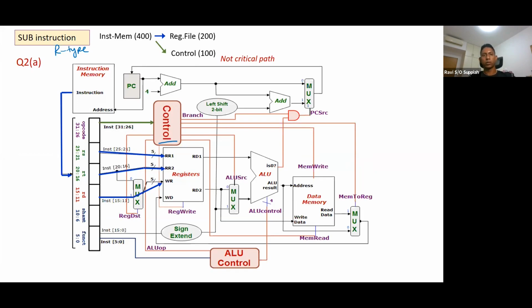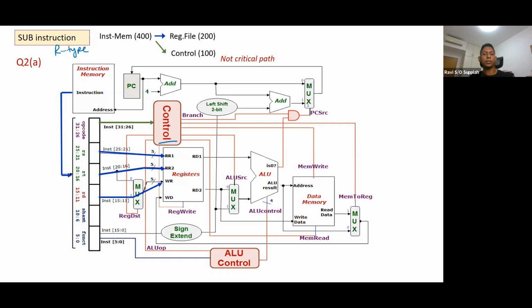So what do you see? When the instruction is fetched into the processor, different blocks get activated at the same time. The register file also gets activated to prepare the data to come out. The control block is also activated to prepare the control signals to be at the correct value.